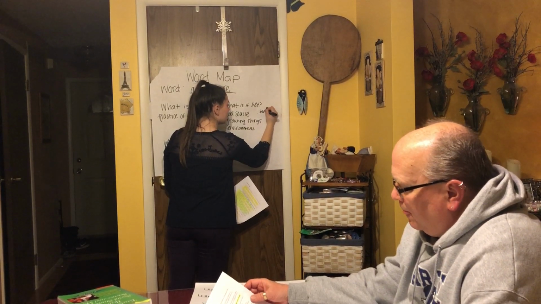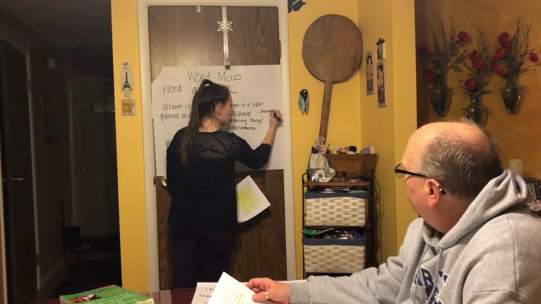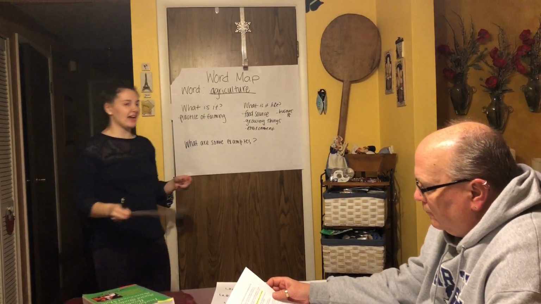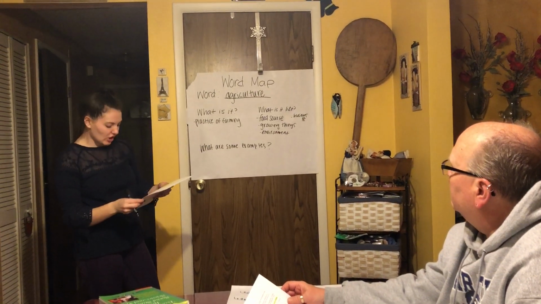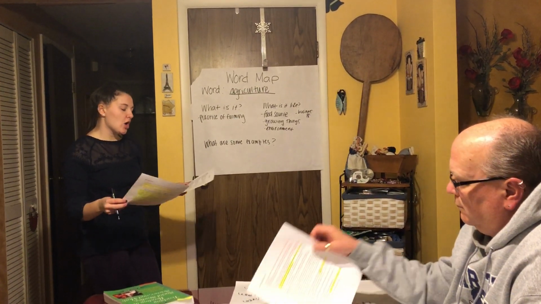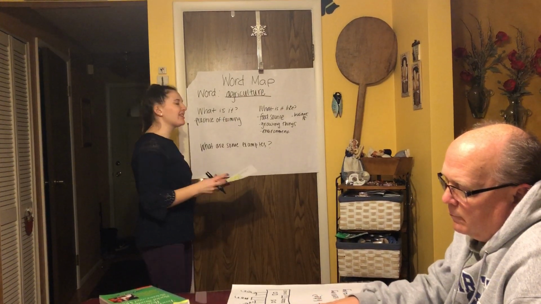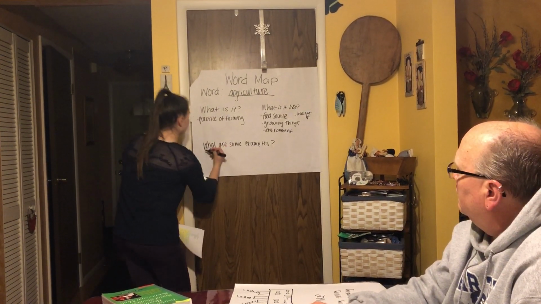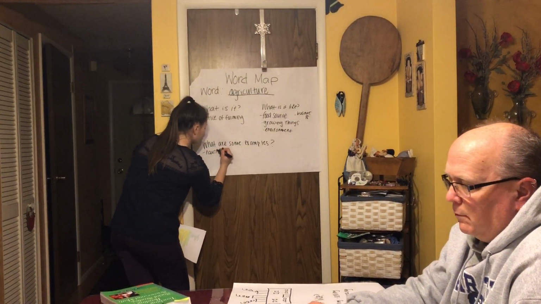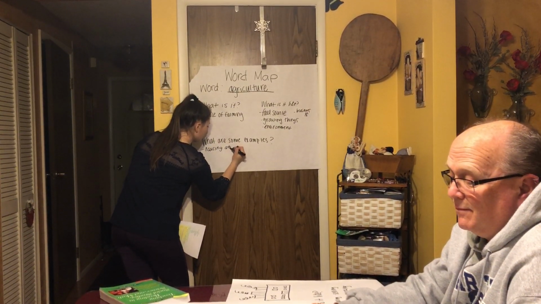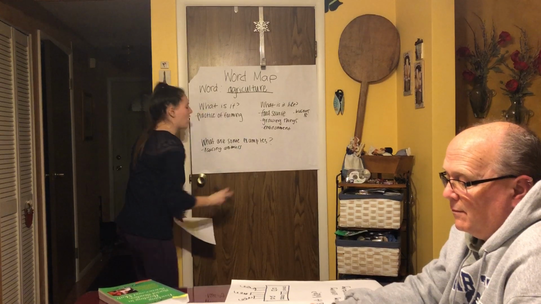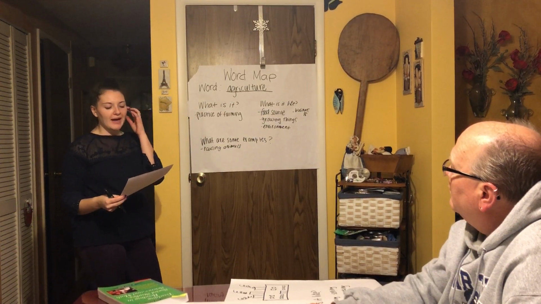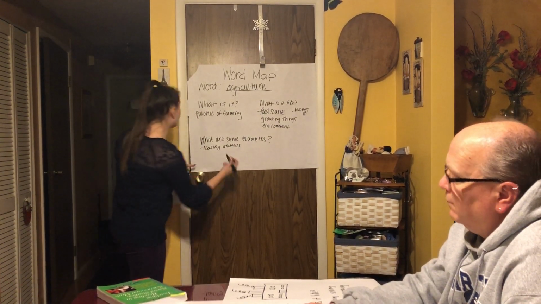Right, it's like a business, exactly. So it makes money. Good, exactly, that's great. So then some examples of agriculture. When I think of agriculture, I really think of raising animals. I also think about growing crops.